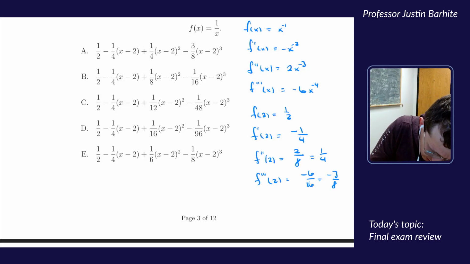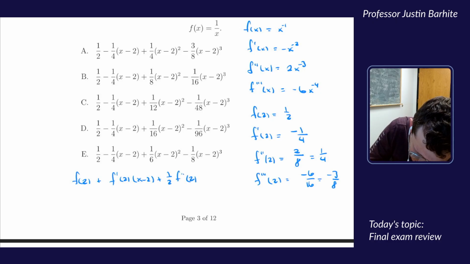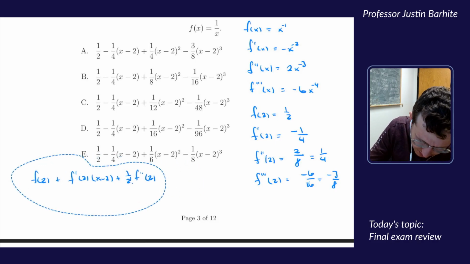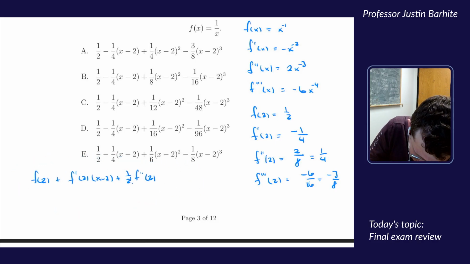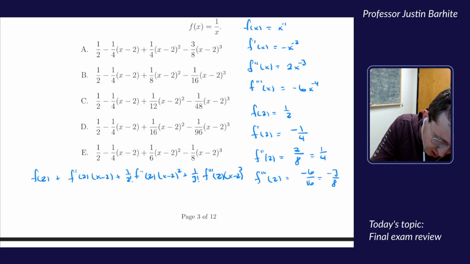Okay, and then the Taylor polynomial is f of 2 plus f prime of 2 times x minus 2 plus 1 over 2 factorial, which is the same as 1/2, times f double prime of 2 times x minus 2 squared, and then 1 over 3 factorial f triple prime of 2 times x minus 2 cubed.